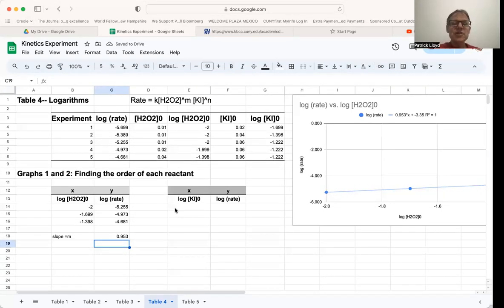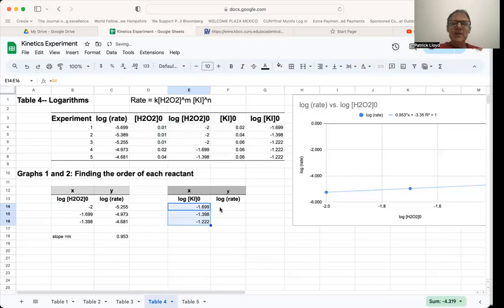Okay, now we're going to do the same thing for the potassium iodide. Again, we're just going to look at where the concentrations are changing, which are these three right here. Okay, so again, I'll just hit equal sign. And then we want to do 3 cells, just those 3. And then again, for the rate, we're going to do the same thing, the log of the rate.